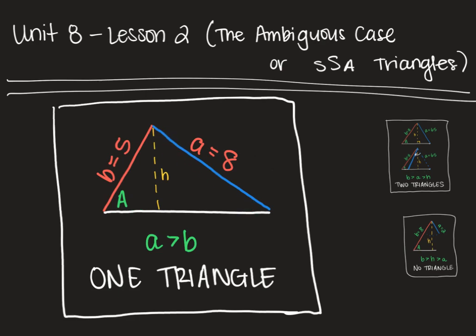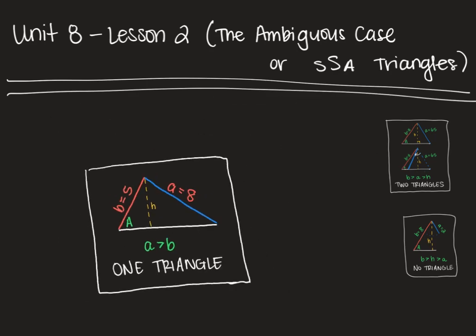In this first scenario, you'll notice that side length A is greater than side length B. So in this situation, there's only one triangle that can be drawn with these given side lengths and this given angle. This situation is not ambiguous because the side opposite the given angle is longer than the side adjacent to the given angle.